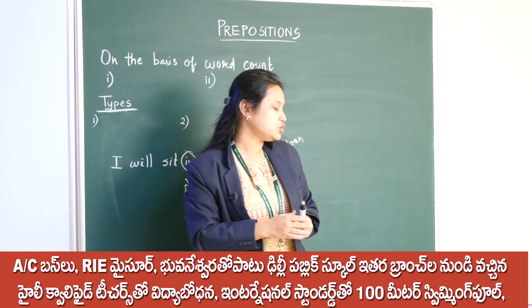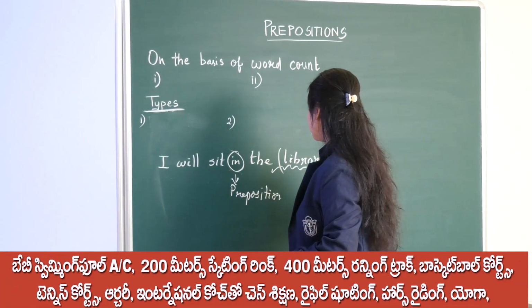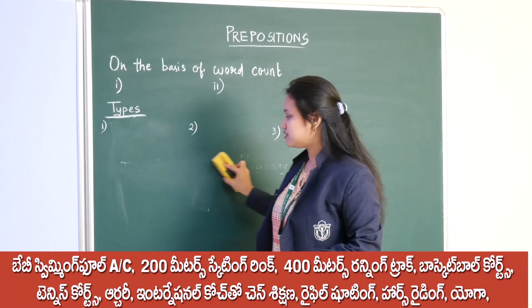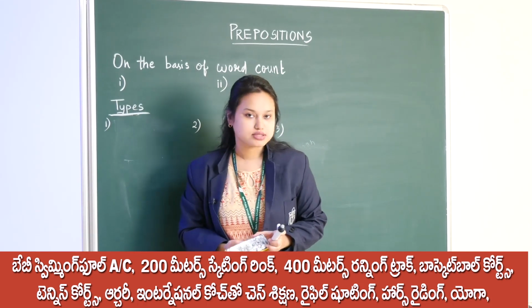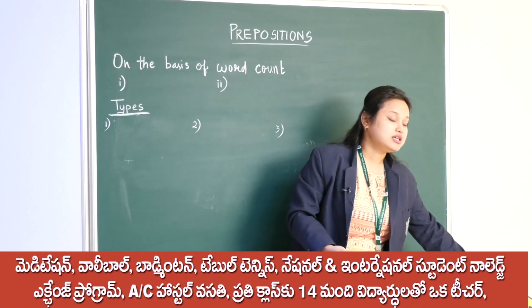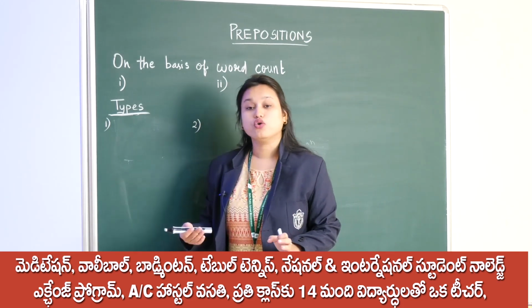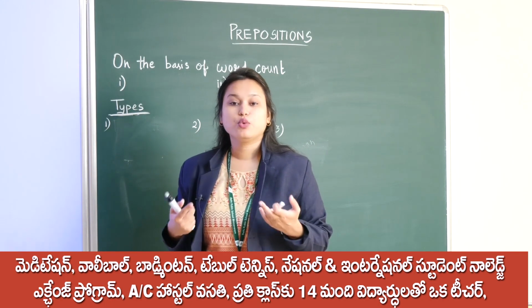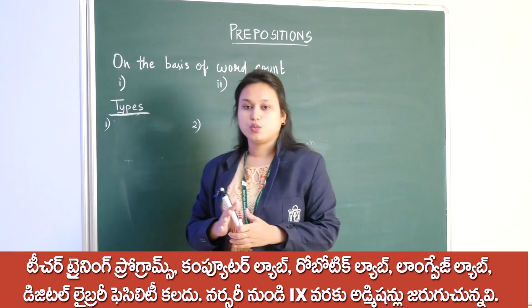Now let's come to the basis. What are the bases of prepositions? On the basis of word count. I told you in, on, at, these are all words, right? When we say in, on, at, above, over, into, upon, these are all one-word prepositions. If we count the number, these are only one word.